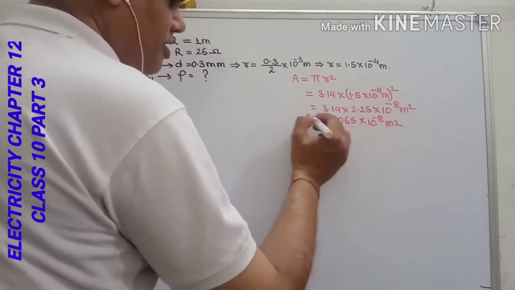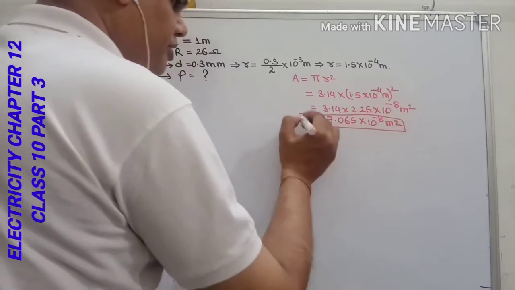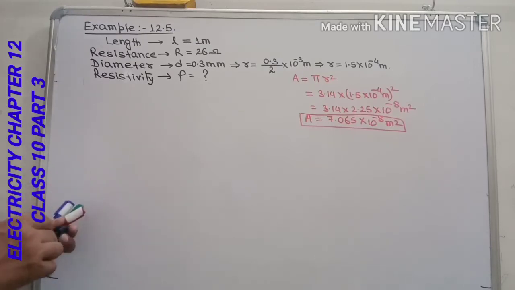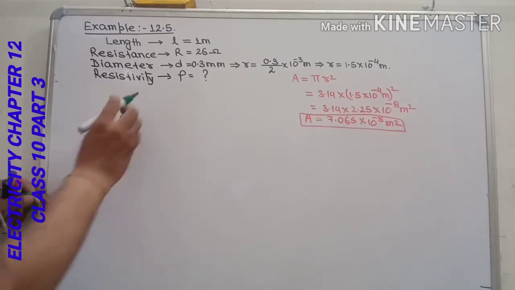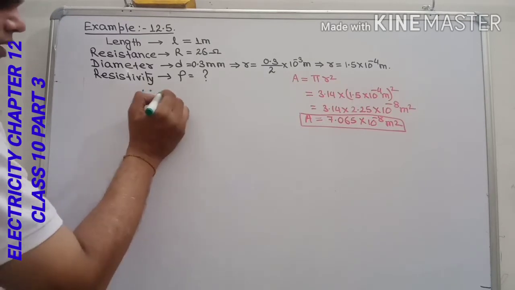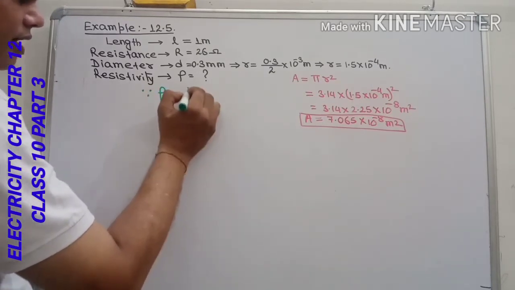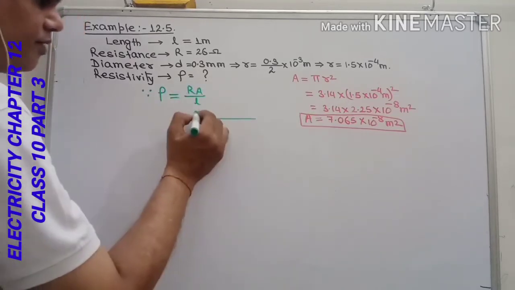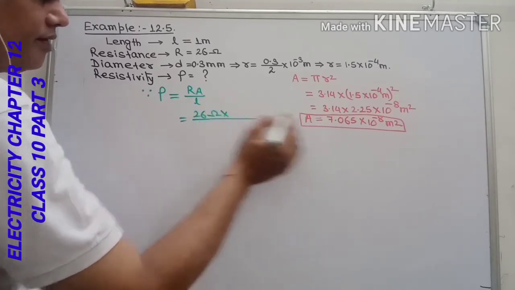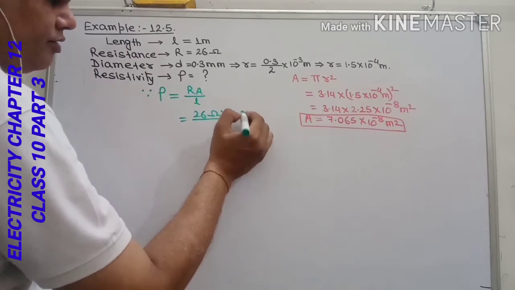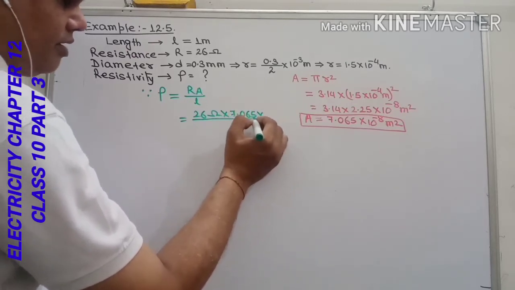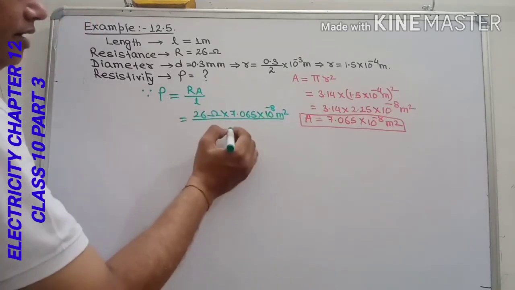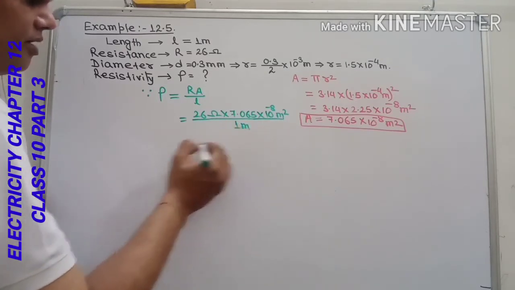This is the cross sectional area, and we will now put this value here to find out the resistivity of the conductor. Since what we know here is that the resistivity rho is equal to R A upon L. Now what is the value of R here? It is 26 ohms, and the area comes out to be 7.065 multiplied by 10 raised to the power minus 8 square meter divided by the length of the conductor, which was given only 1 meter.